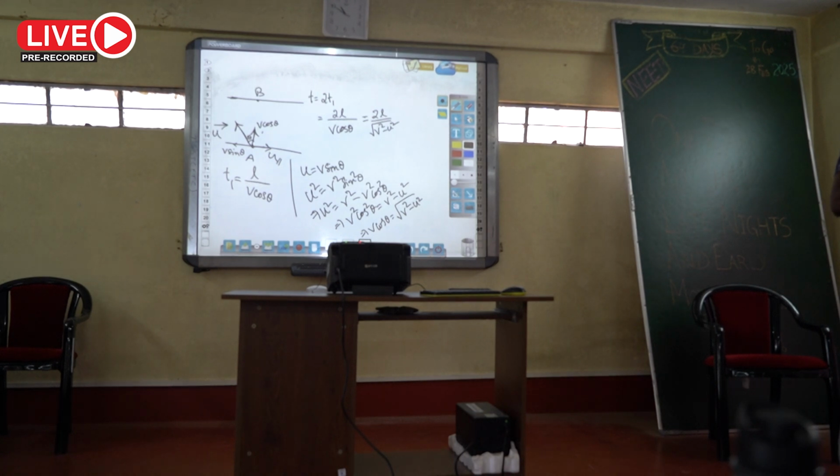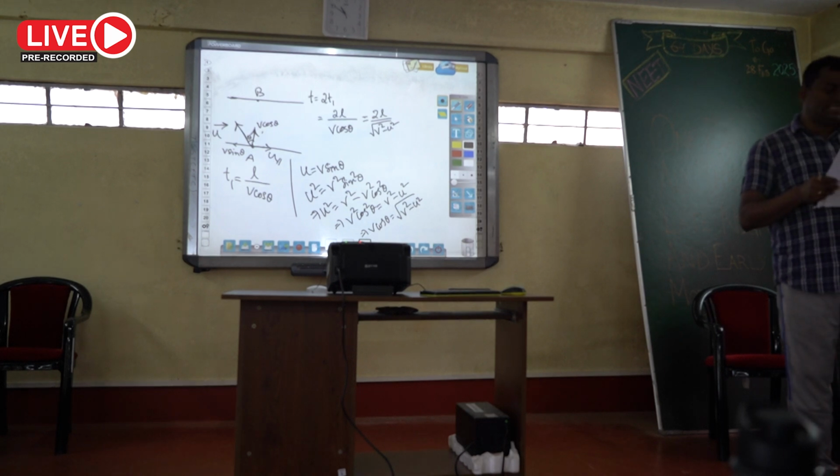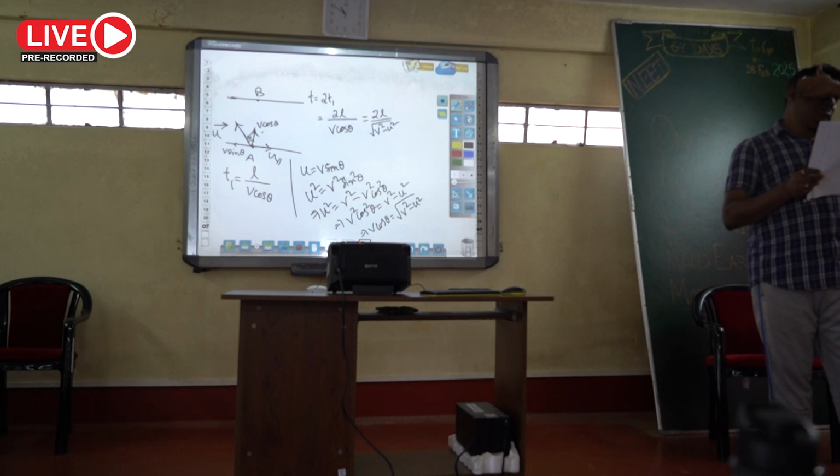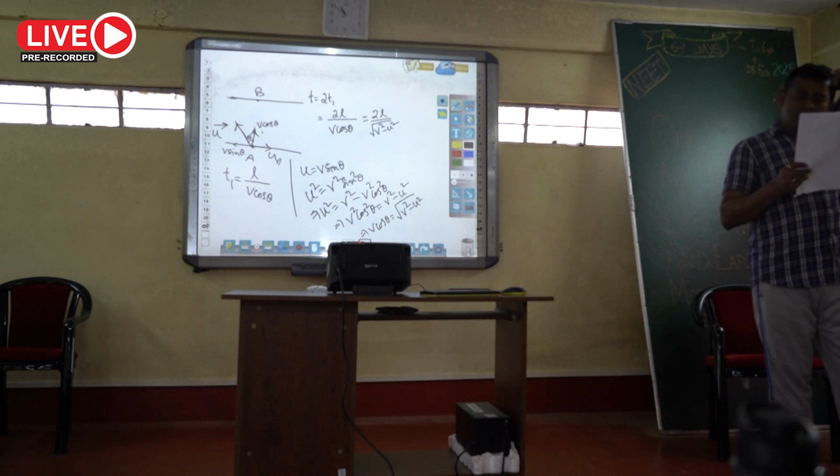Then 74. Two shells are fired from a cannon with the same speed at angles alpha and beta respectively with the horizontal. The time interval between the shots is t. They collide in mid-air. Which of the following conditions must be satisfied for their collision?